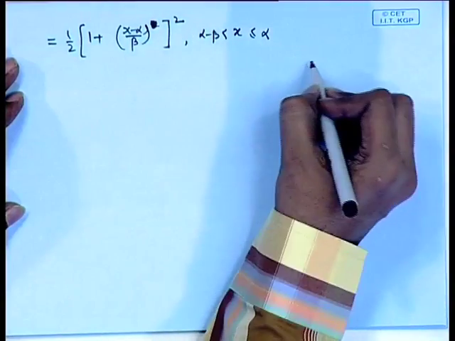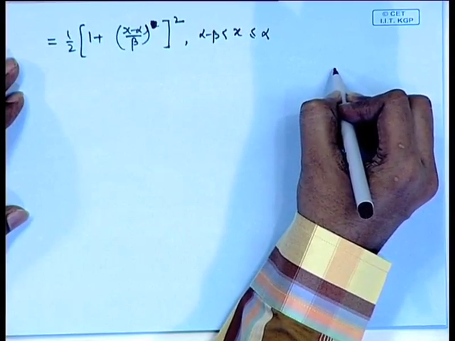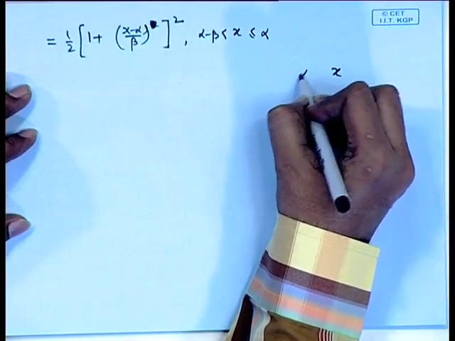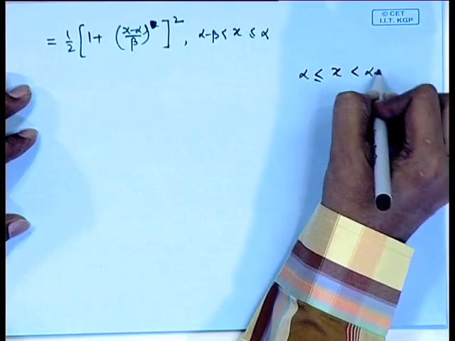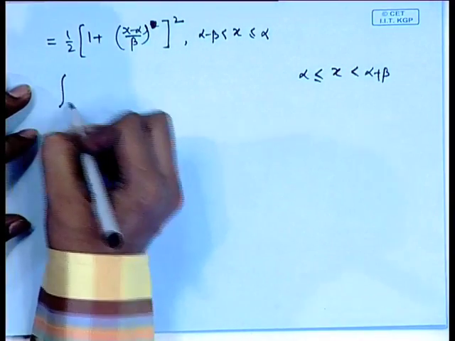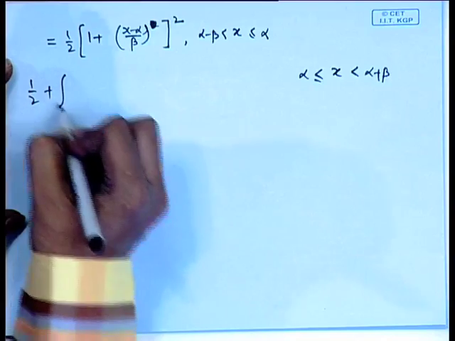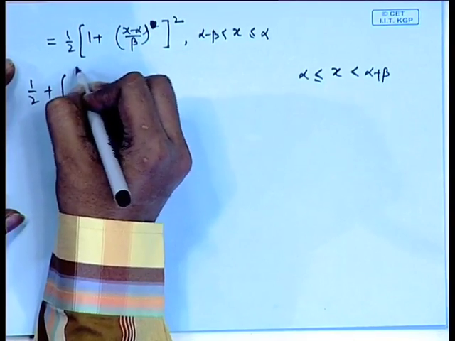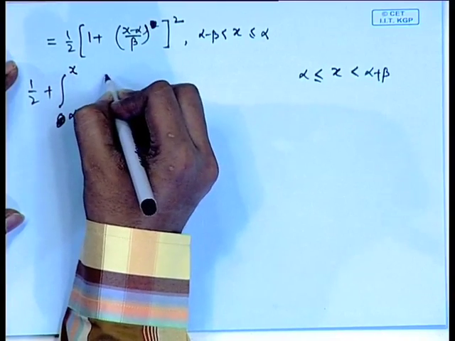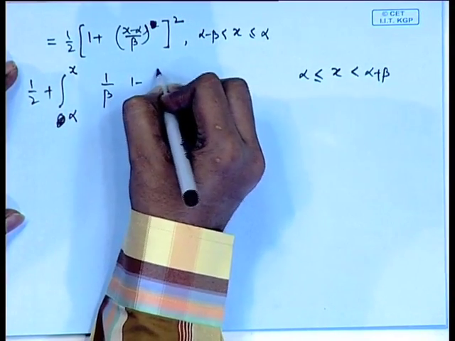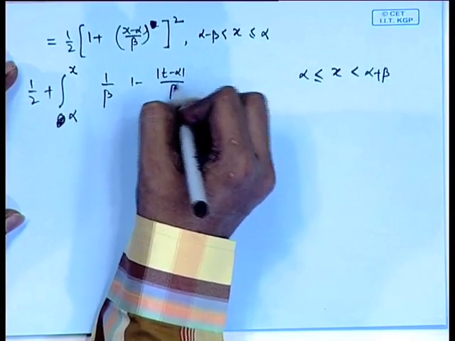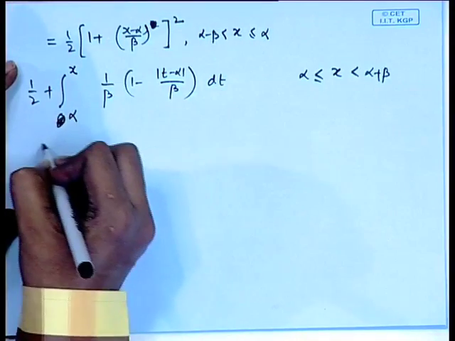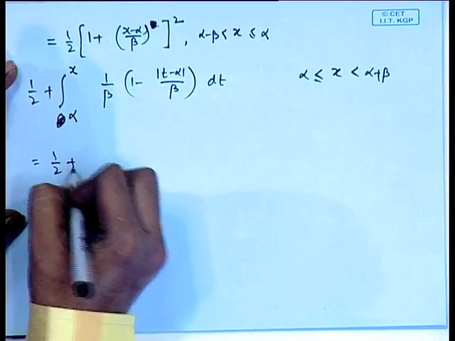So, if I am choosing a point x greater than or equal to alpha, but less than alpha plus beta, then this will be half plus the integral from alpha to x of 1 by beta times (1 minus modulus of (t minus alpha) by beta) dt.